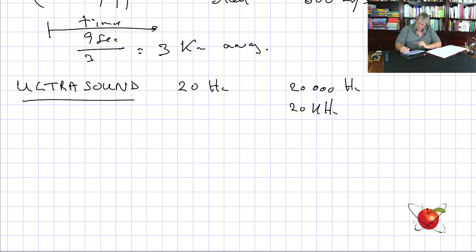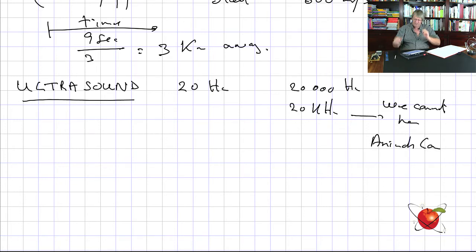Above this frequency, humans cannot hear it, but animals can. Those whistles you buy for an animal, for a dog, or for a cat, if you can get a cat to come with a whistle. Oddly enough, we seem to have trained our guys to do it, but people think that it's not real.